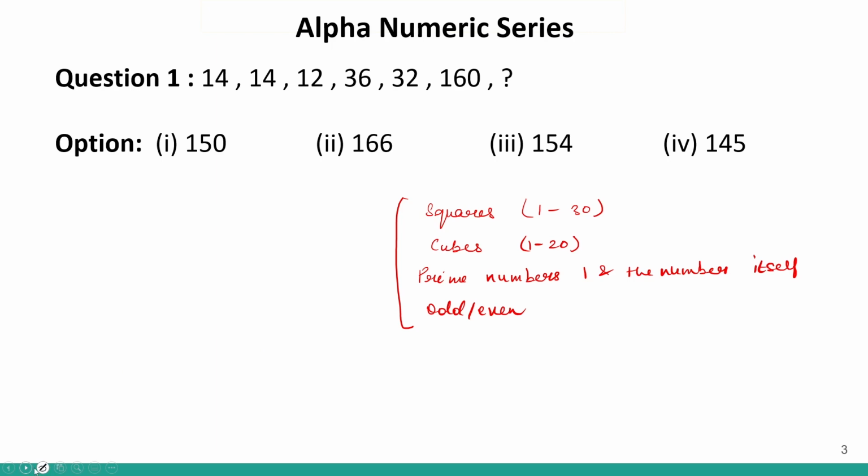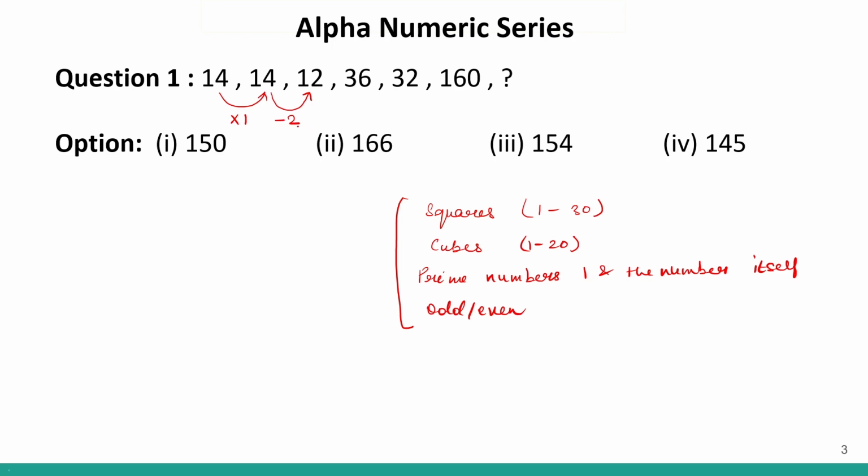So let us look at this question. In this question, 14 then 14, so I can say this is basically multiplication by 1, correct? 14 into 1 will give me 14. Then 14 and 12, so this is basically subtraction of 2.